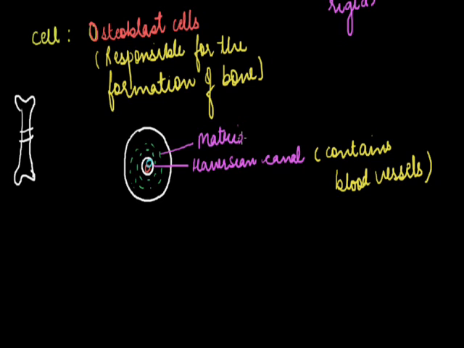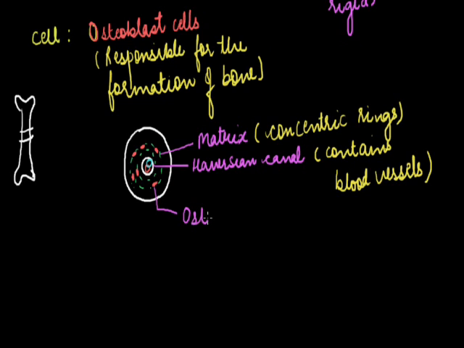And in this matrix are embedded cells. The cells are embedded in the matrix, and the cells are called osteoblast cells.